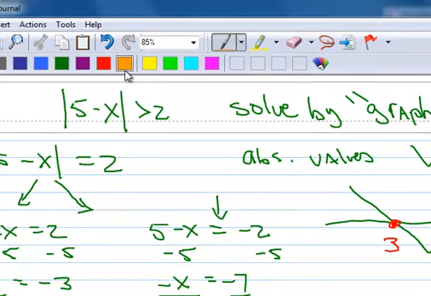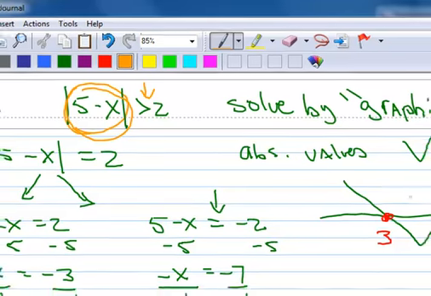Now we're going to figure out the inequality part. Let's say it in different words. This says the left-hand side is greater than 2. This means all the things x can be that, when I put them inside the left-hand side, turn out to be greater than 2.